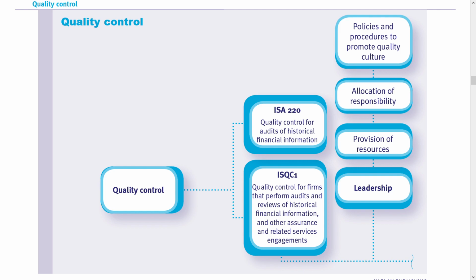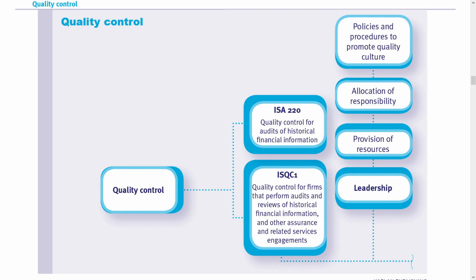So ISQC 1 includes a broader range of services. For example, it includes assurance and related services also. But ISA 220 is only for the audit of historical financial information.